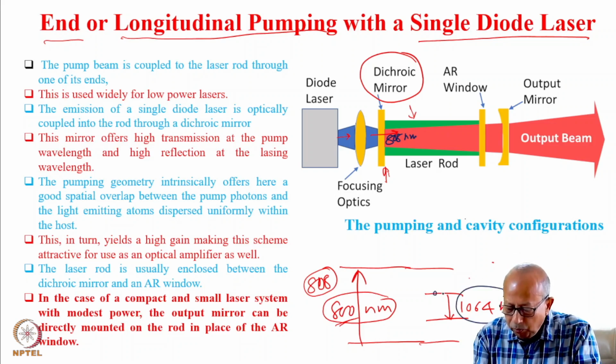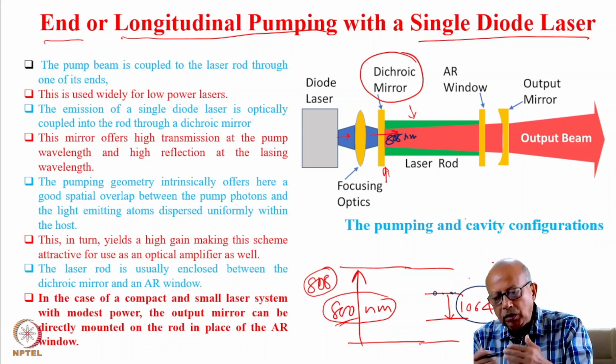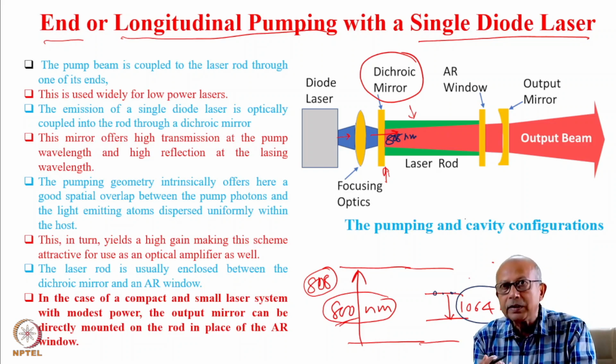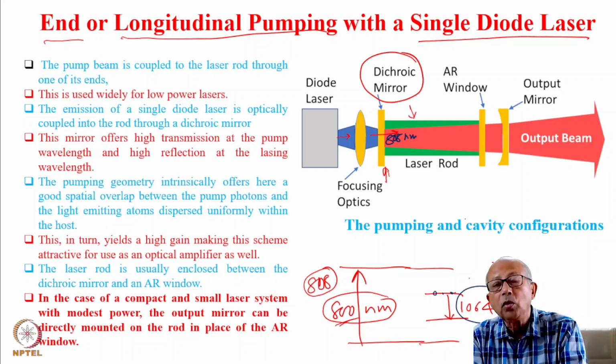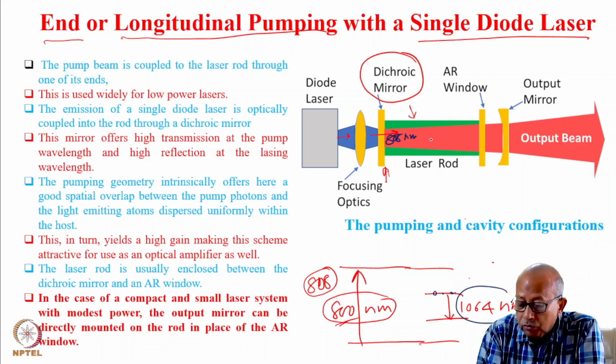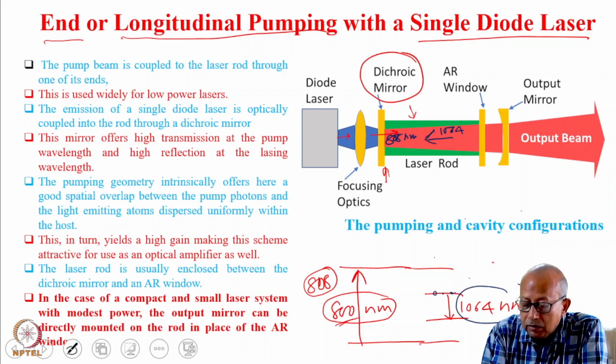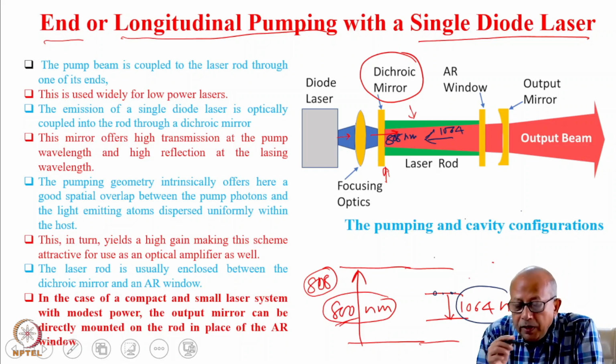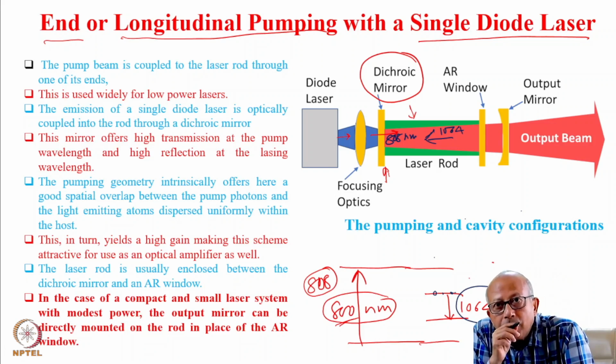As the population inversion occurs between these two levels, spontaneous emission will begin, and that will seed the stimulated emission. You now know this very well. So these photons at 1064 nanometer, as they shine on this mirror, the mirror should offer very high reflectivity to this.